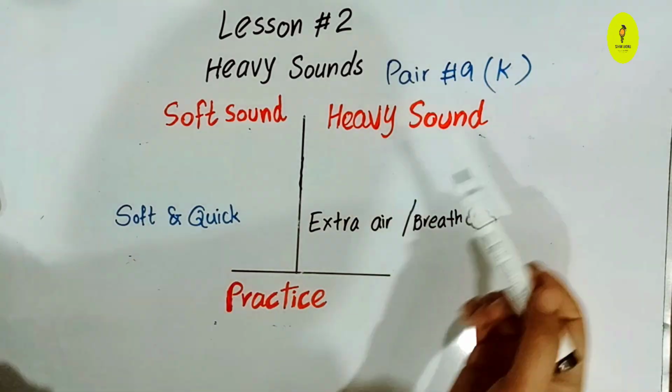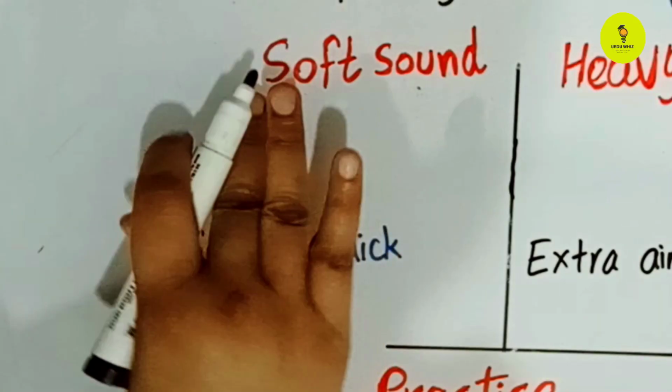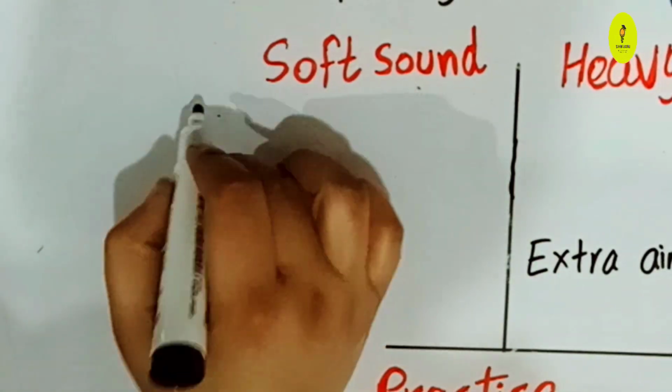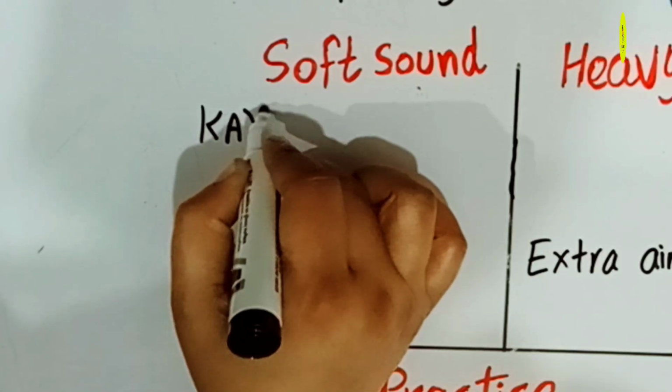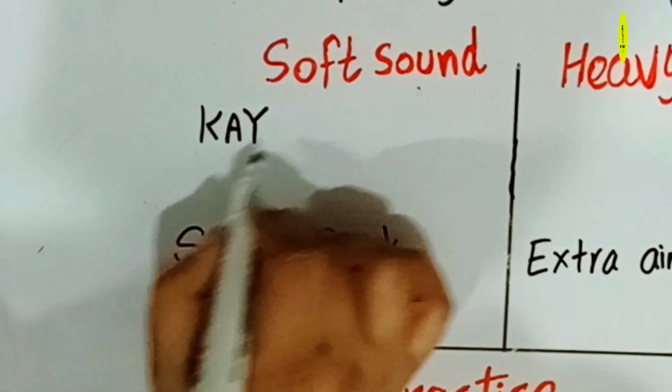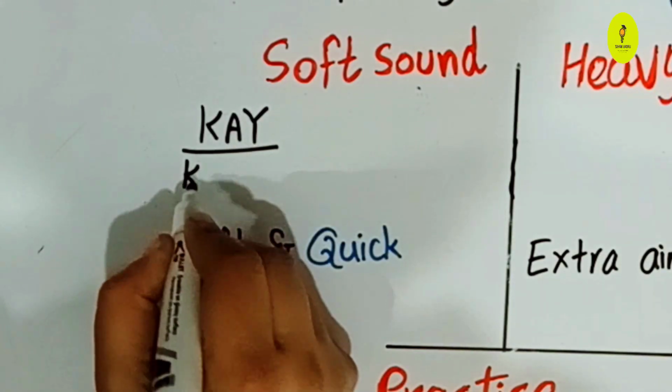We have pair number 9, and that is the K sound. In soft sound we will say K, A, F, but we will pronounce it Kaaf.